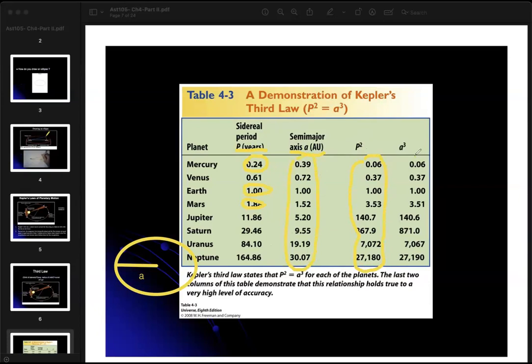And then here is A cubed. You can see how those numbers are the same. So P squared is equal to A cubed. For each planet individually, P squared is equal to A cubed. So he noticed that pattern and wrote that formula.